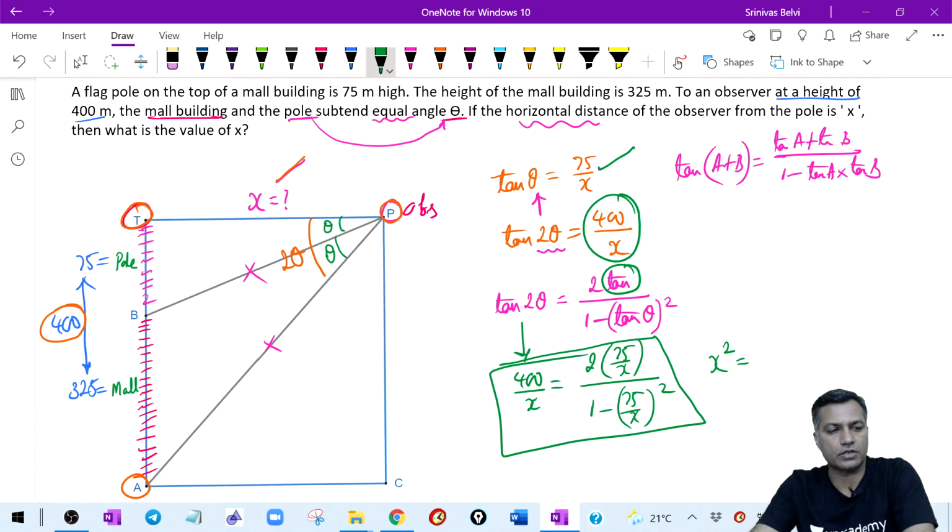Rishabh has given a number, other than that no other number. Sahil, 120. Rishabh has given some number.